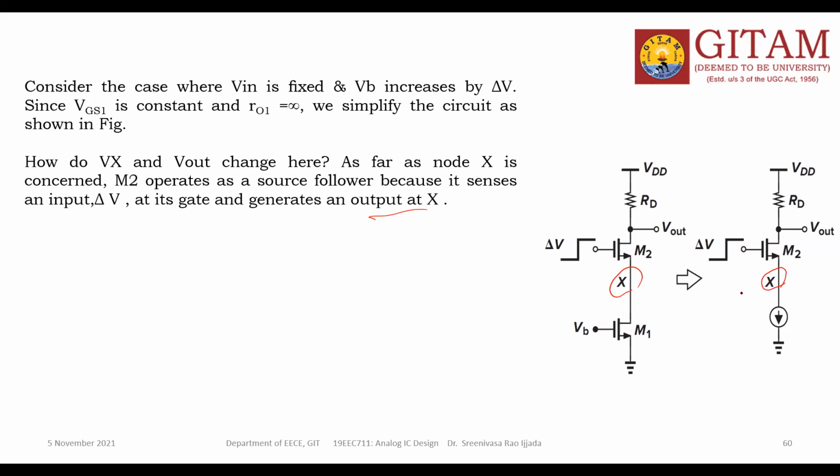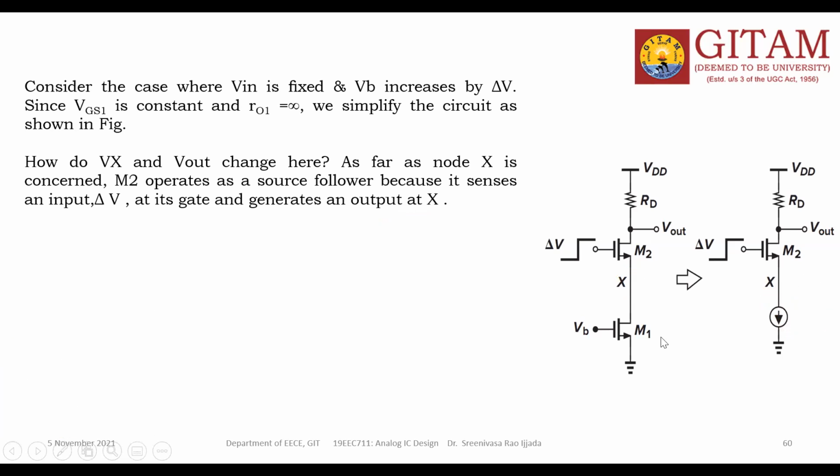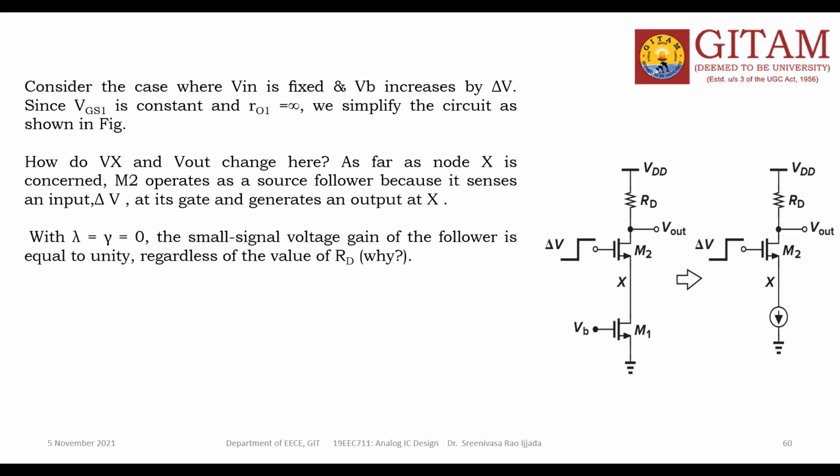Here there is some resistance at the source, so you collect the output here. That is a source follower. In this circuit, the output is collected here, but if you are sensing the voltage at node X, then it looks like a source follower. Then we need to find the voltage change at node X.